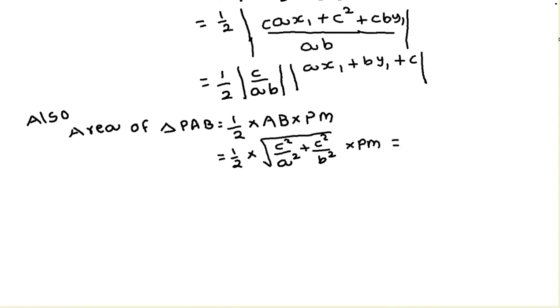If we simplify it, we get half of mod c by ab root over a square plus b square, times PM.